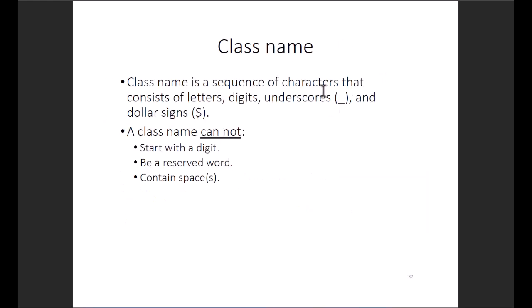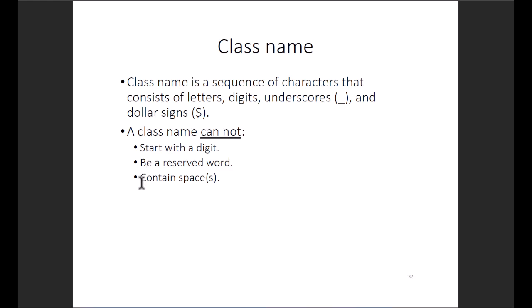Alright, now the class names. A class name is a set of characters that are mainly letters from A to Z, uppercase and lowercase, digits 0 to 9, the underscore character, and a dollar sign. A class name cannot start with a digit, cannot be a reserved word, and cannot contain spaces.